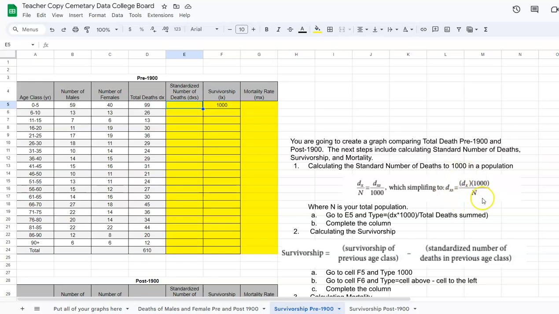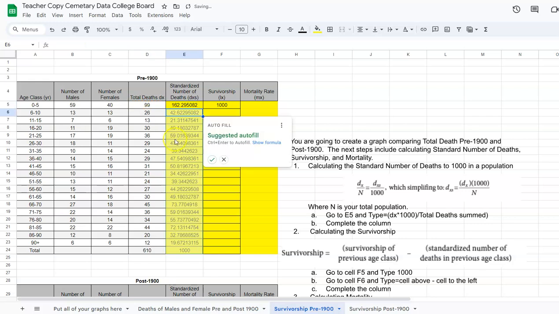If I rearrange everything, this is the equation I'm going to put in my computer for DXS, which is here, which is going to be equal, I'm going to click on the DX cell here, times by 1,000, and divide by 610. All right, so let's do that. So this is going to be equal. I'm going to click on this cell. Times is asterisk, 1,000 divided by 610. Enter, right?